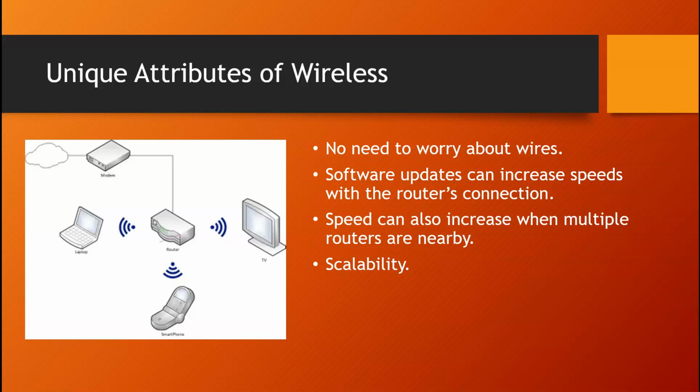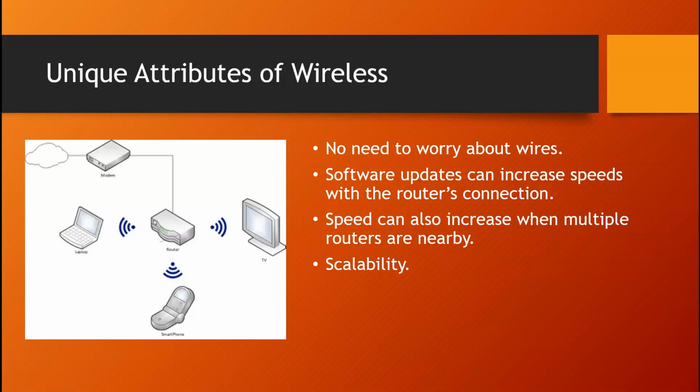So, some of the unique attributes to wireless. Of course, one of the main ones we've continued to talk about is the lack of wires. It just makes everything look much cleaner around the office and so forth. Also, for network updates, you can have it so that it can increase speeds of the router, which can make it a lot easier than to go physically update it.